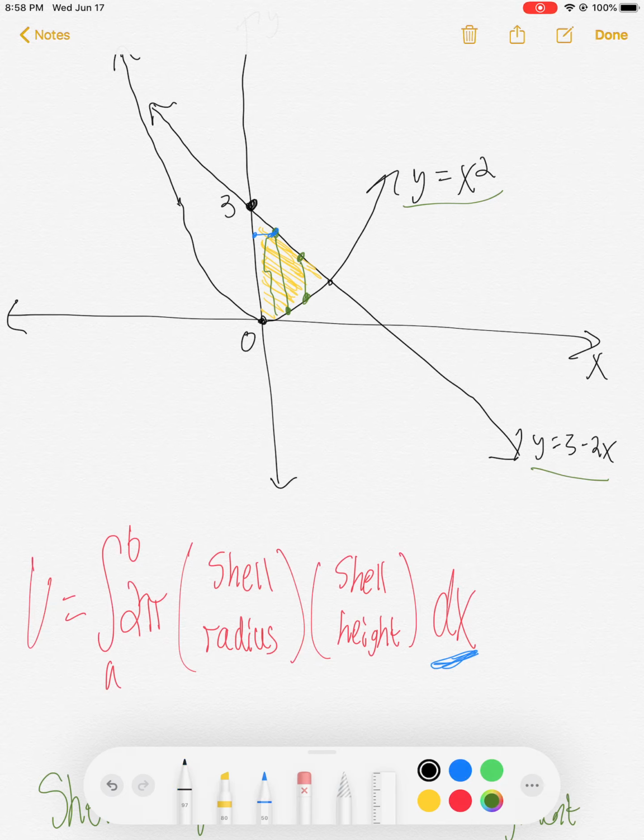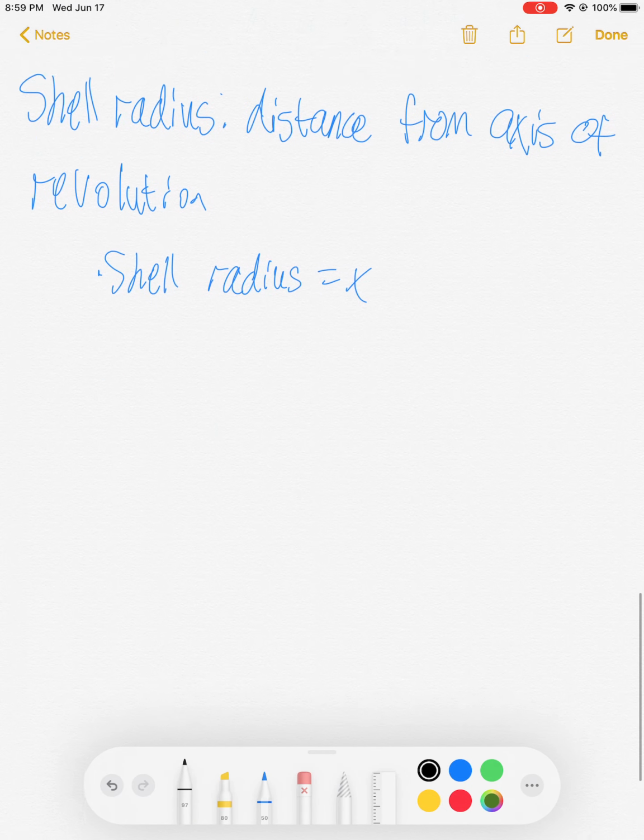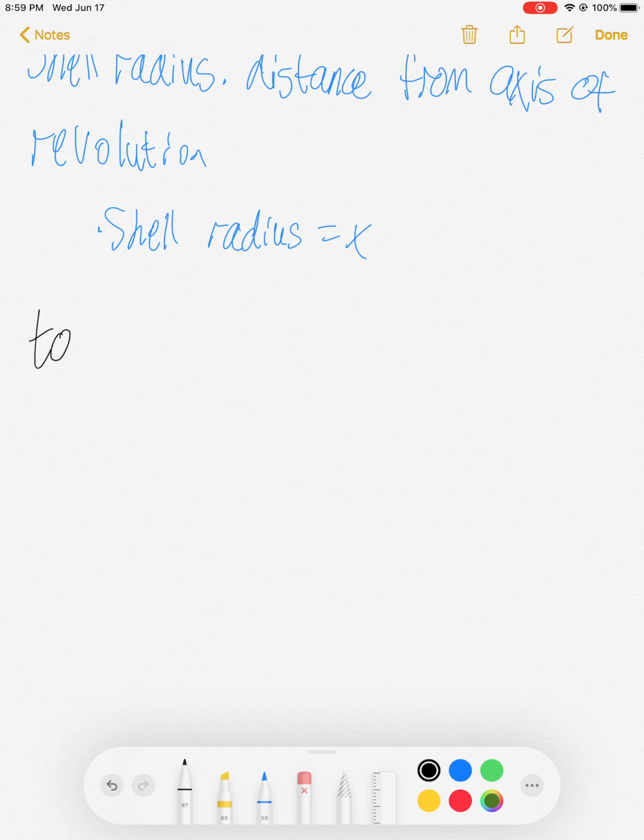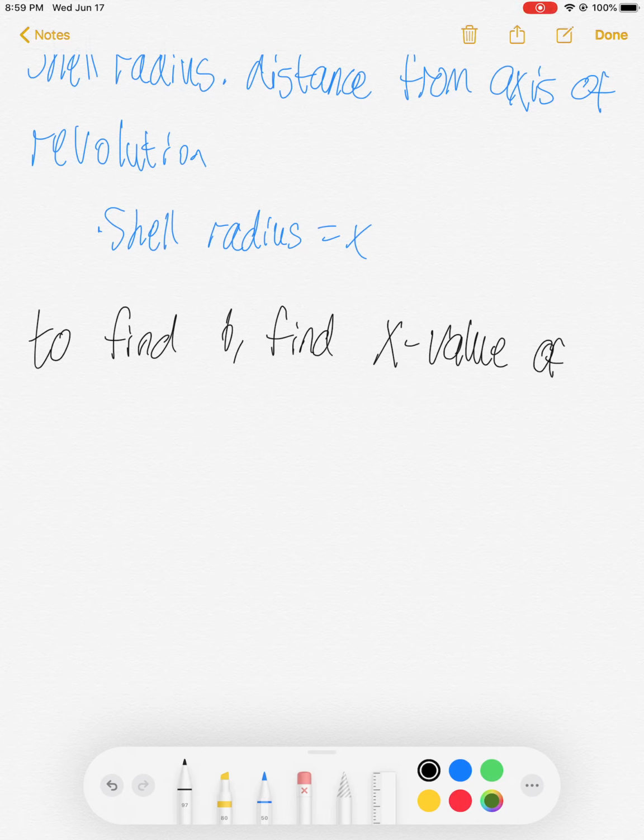But then we need to determine the x value of this intersection point. The way that we do that, to find b, we need to find the x value of the intersection point of the two curves. So we set the two curves equal to each other and solve for x.